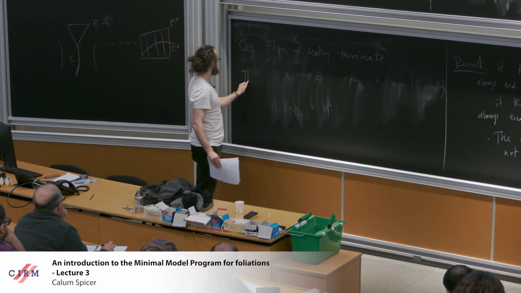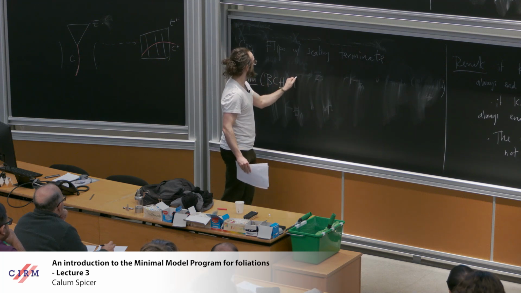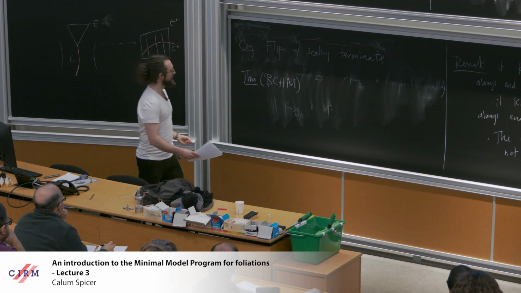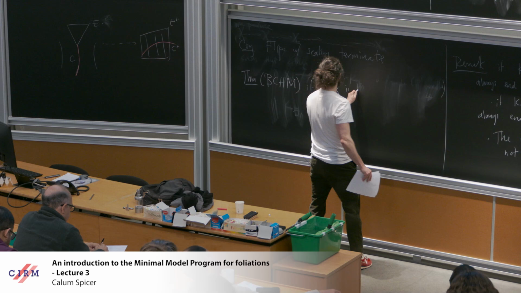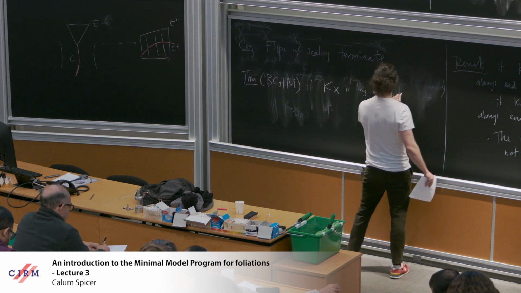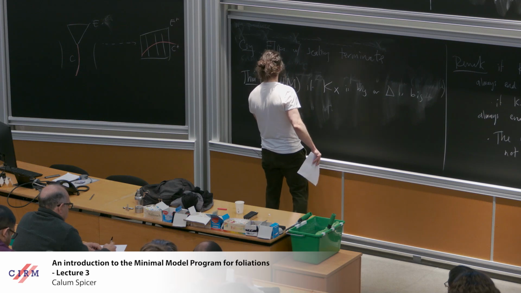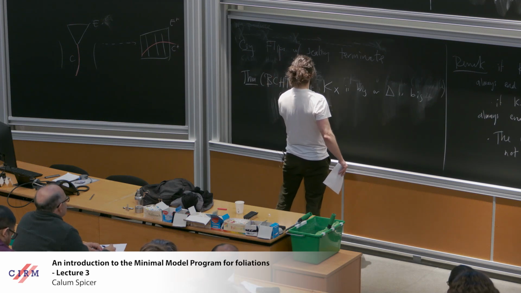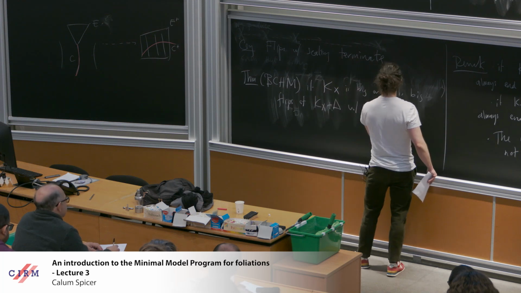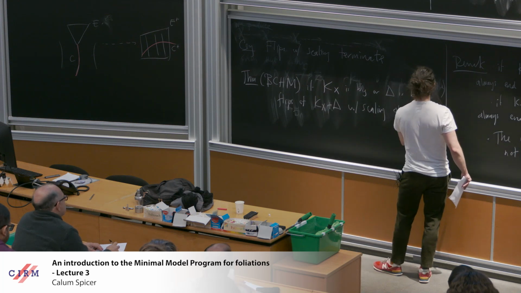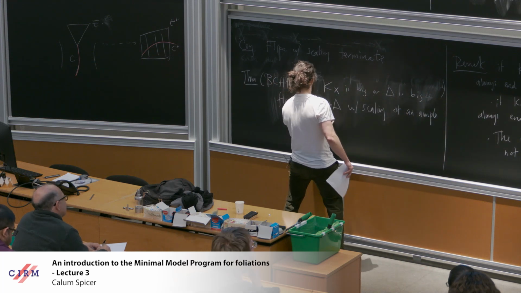But there is a famous theorem of Birkar, Cascini, Hacon, and McKernan, which says that if either K_X is big or Delta is big, then flips of K_X plus Delta with scaling of an ample divisor terminate.